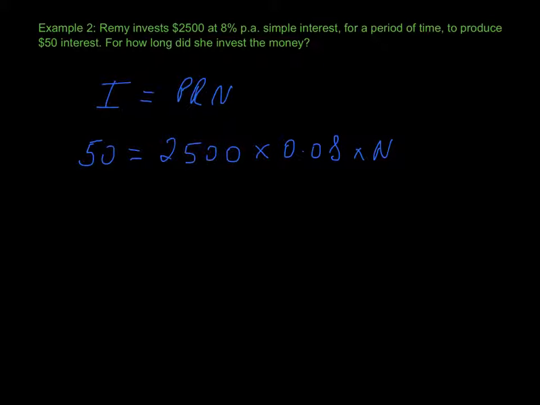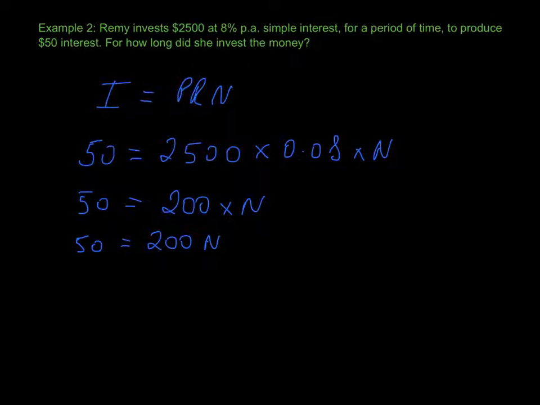So now the next step, I'm going to solve 2,500 times 0.08, and that equals 200. So we then still have times N. So 50 equals 200N. Now, that's 200 times N. We need to get that 200 to the other side.